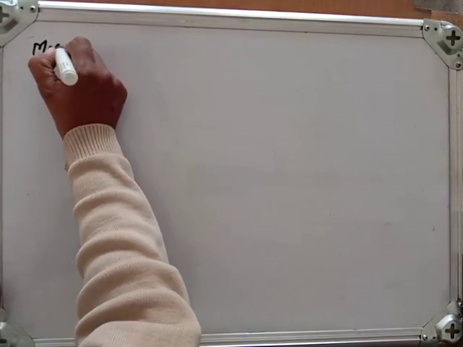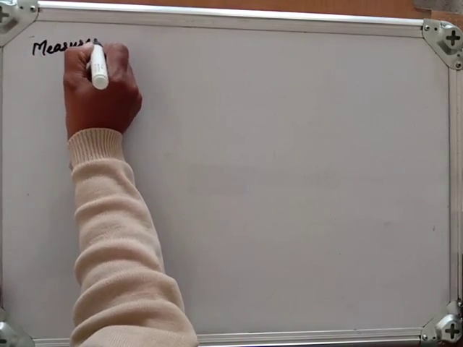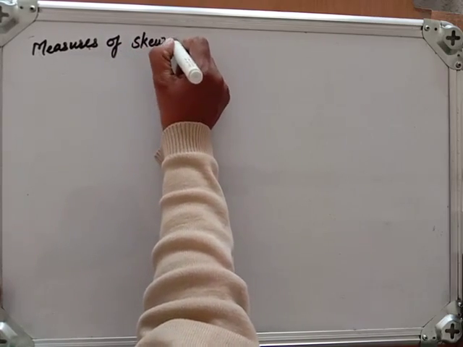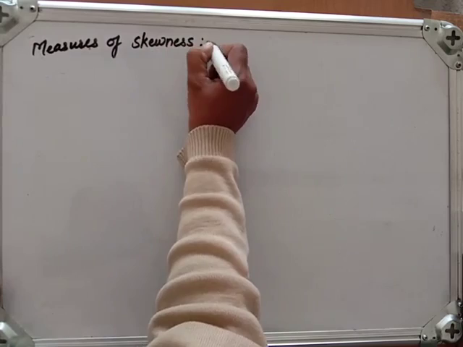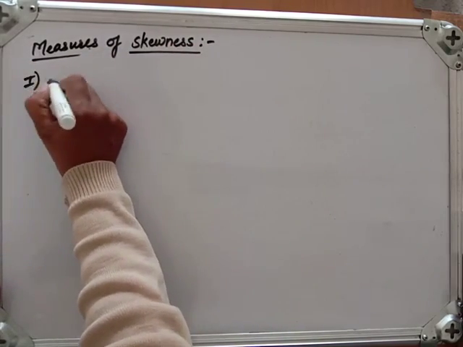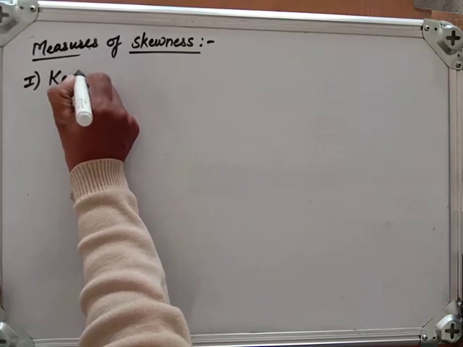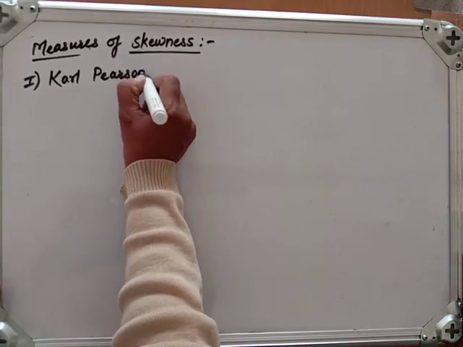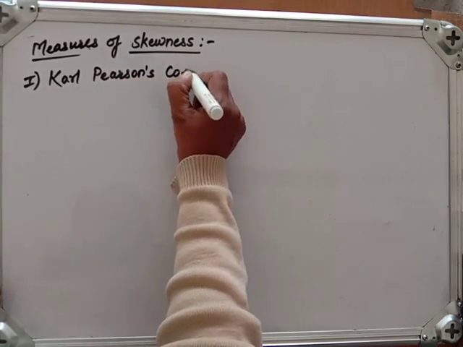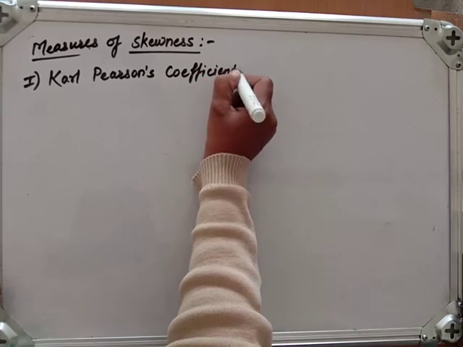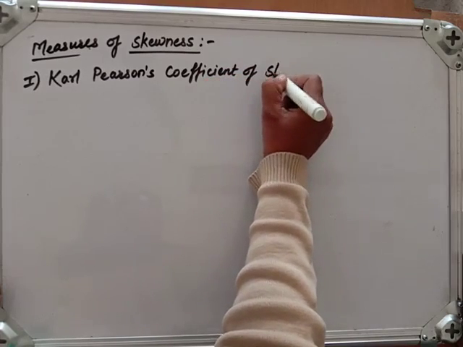The topic is measures of skewness, and the first part in that is Karl Pearson's coefficient of skewness.